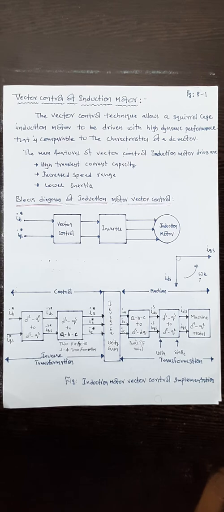So far, the methods we discussed regarding induction motor speed control, such as stator side controls as well as rotor side controls, that is stator voltage control, stator frequency control, that is V by F control, pole changing method, otherwise the rotor side control like rotor resistance control, static rotor resistance control, and slip energy recovery schemes, all those schemes belong to the scalar controls.